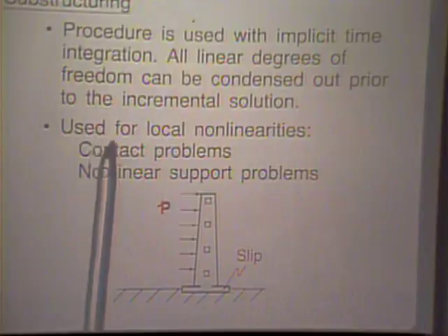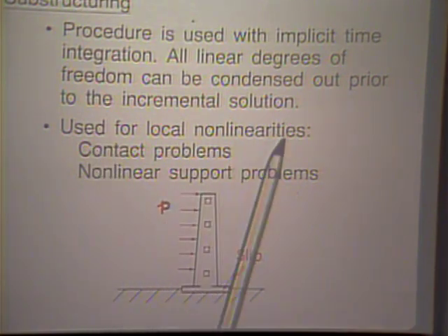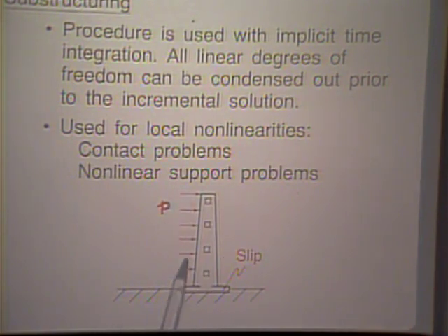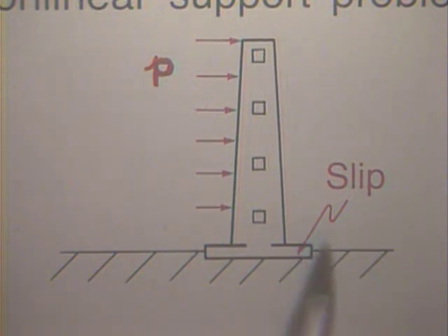It is quite effective for local nonlinearities. Here, for example, we have a tower structure, and the only nonlinearity that this structure sees, say, is the slip down here.